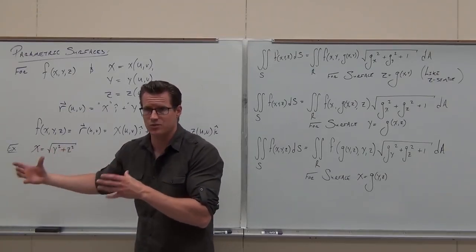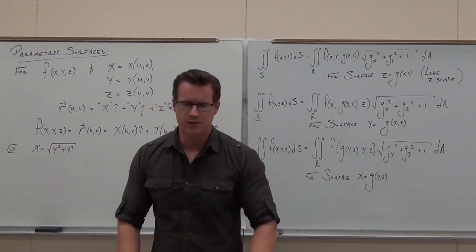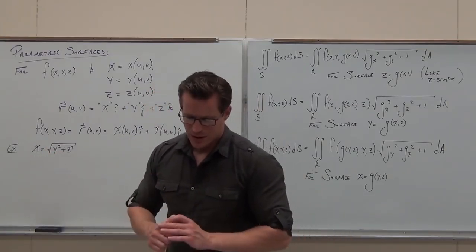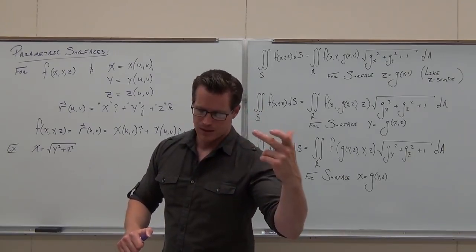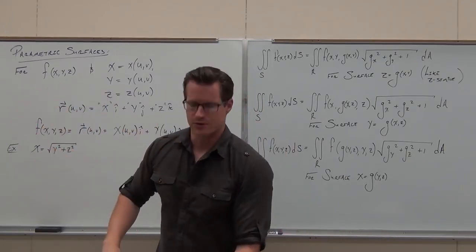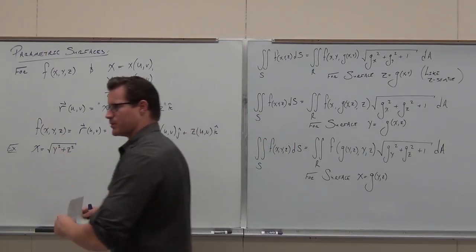You could literally do it with x's, y's, and z's. But if we want to use u's and v's, here it is. Write this down. For functions already solved for a variable, let the other variables be parameters. It's going to make sense when we do our example.